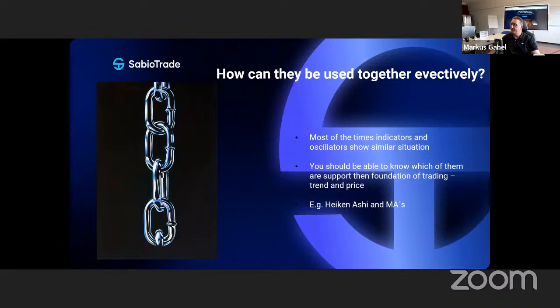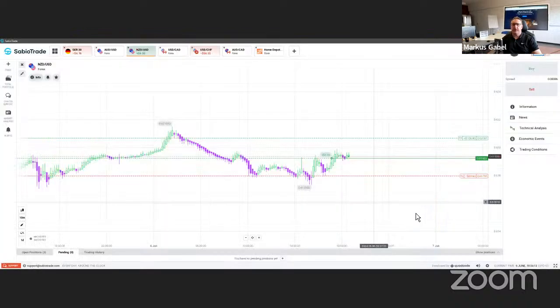I want to show you two strategies. For example, we want to create a combination between Heikin-Ashi, which is a trend indicator, and a moving average. So it's an interesting part.